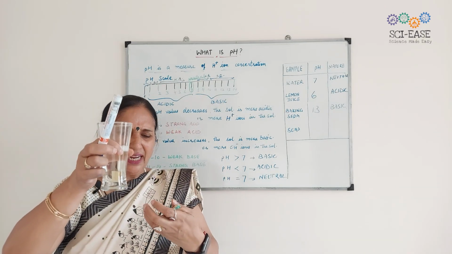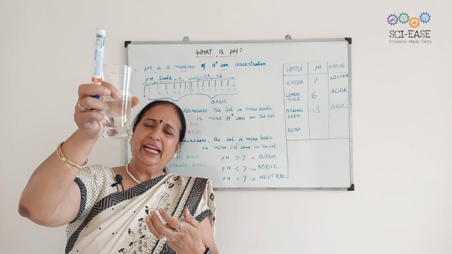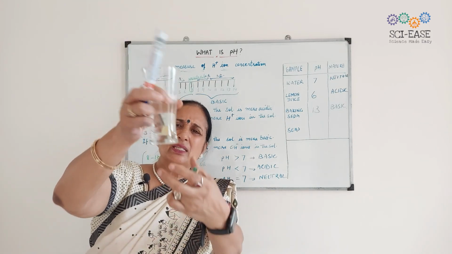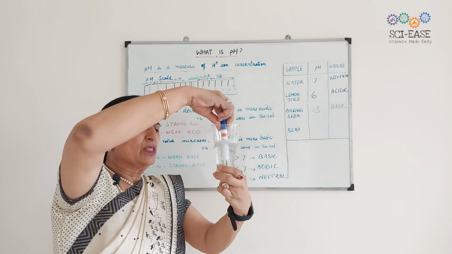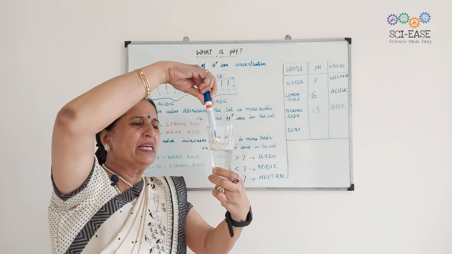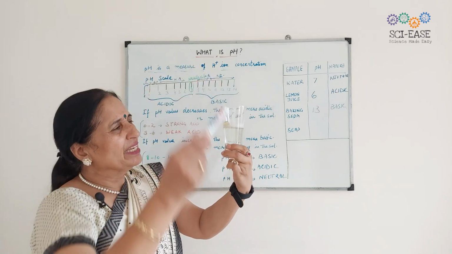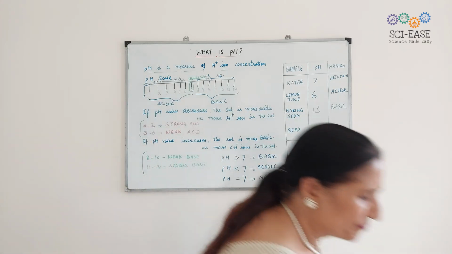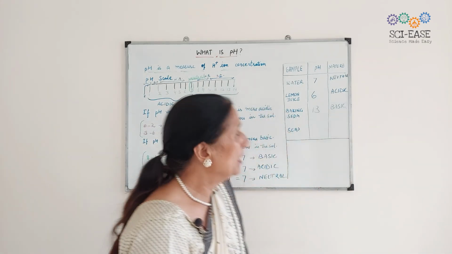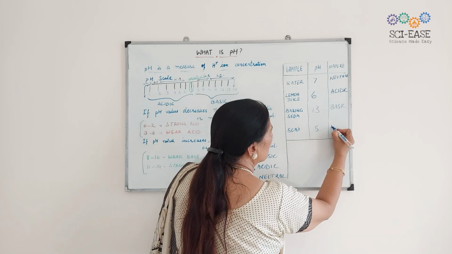It's very light green. It's approximately 8, very light. So, it's a weak base. The color has changed into slight green, very light green you can see. So, it has come out to be 8. It's again basic.